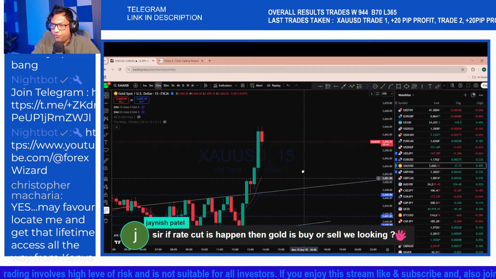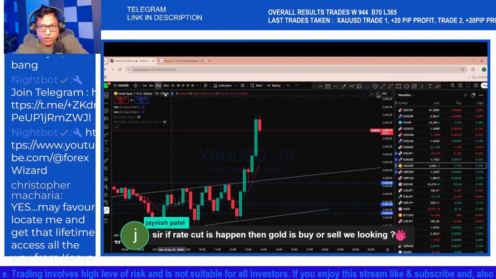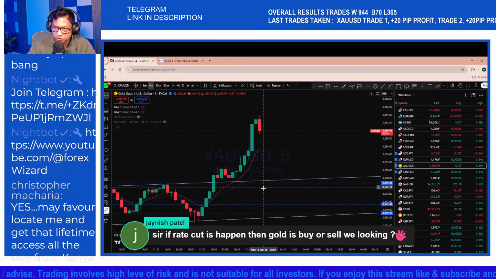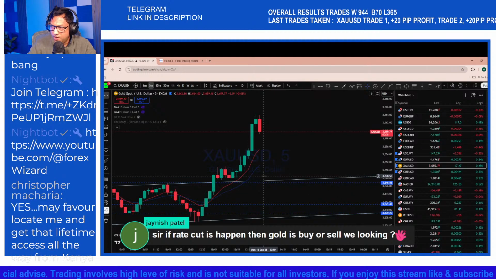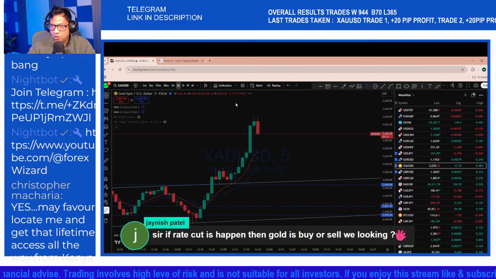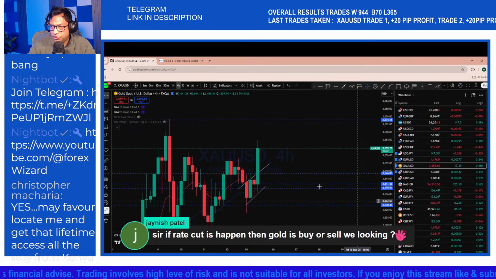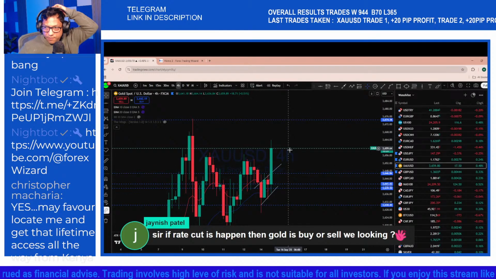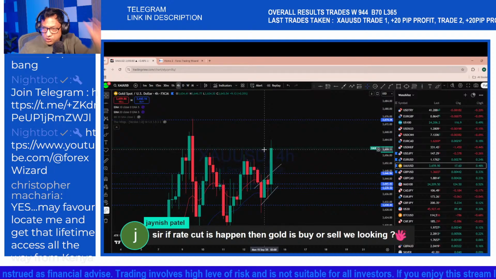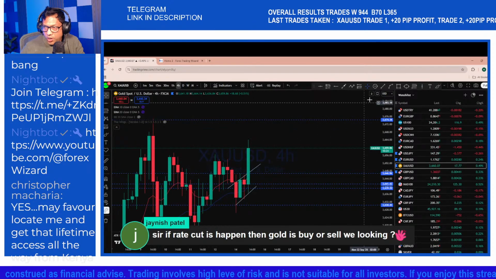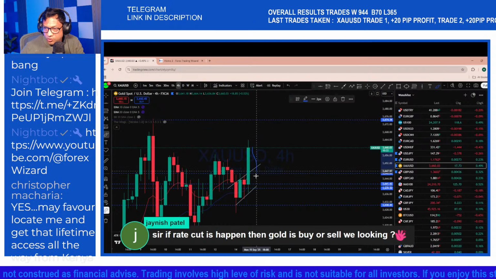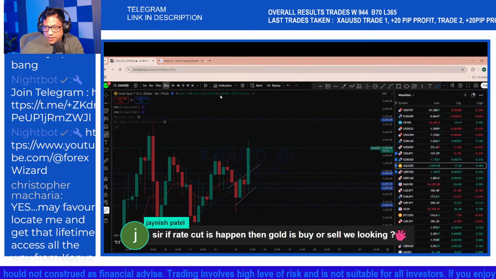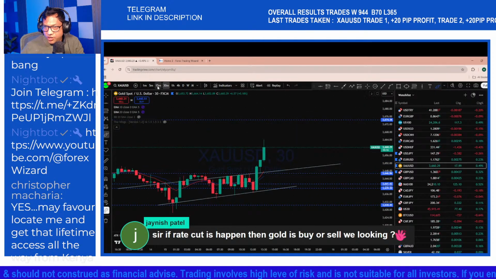Now for finding an entry from the 5 minutes, especially I'm looking at this level. Any break below this level is where our possible entry opportunity is. From the 4 hour we can see the market managed to break above, and with the candle close we'll be waiting for the pullback to that level, 3646, and that's a possible entry.